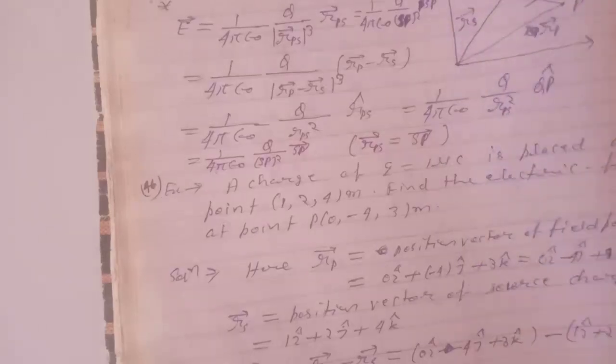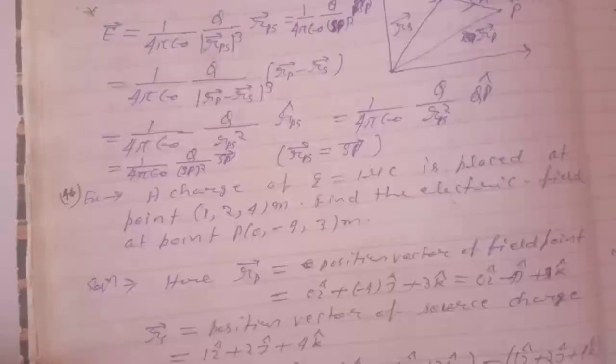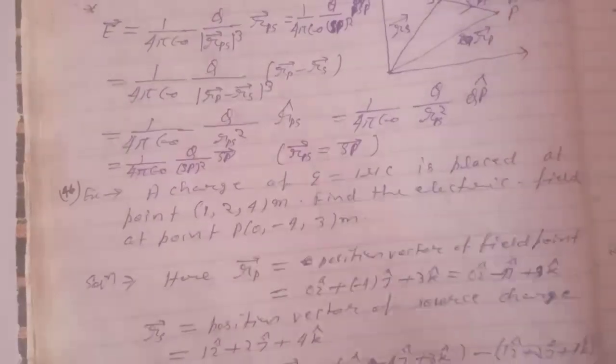This is in the vector form. So we have different notations for the field, but all have the same value.